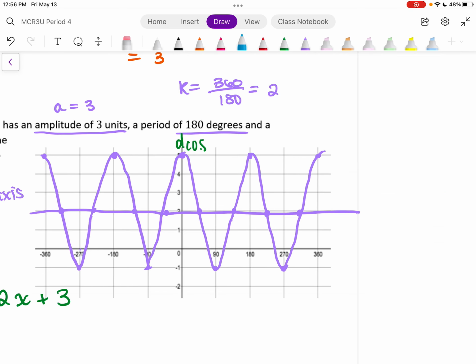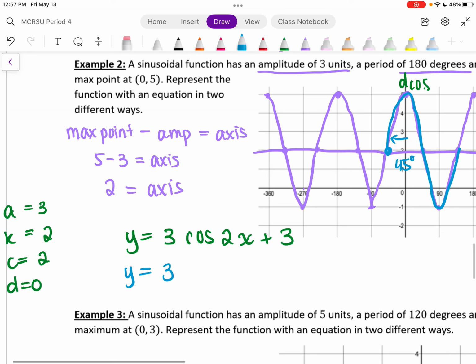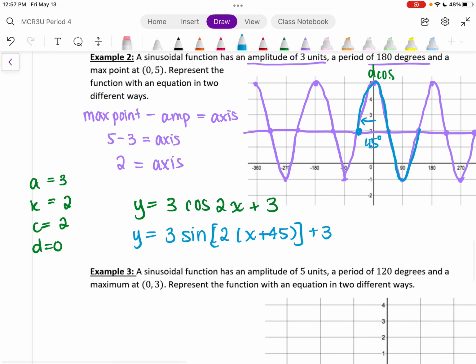So I actually shifted it to the left by 45 degrees, right? So then it's going to be y equals 3 sine 2(x plus 45) plus 2. And that's going to be my final answer. So now I've written this in two different ways. Okay?